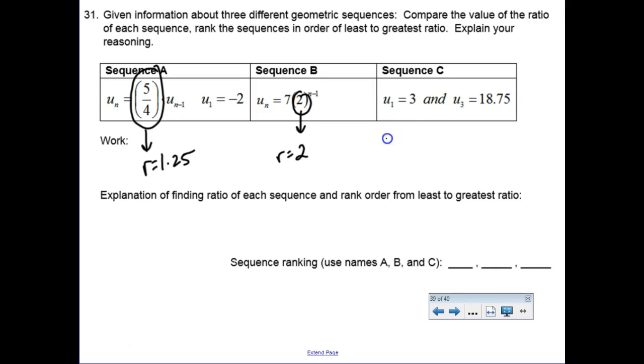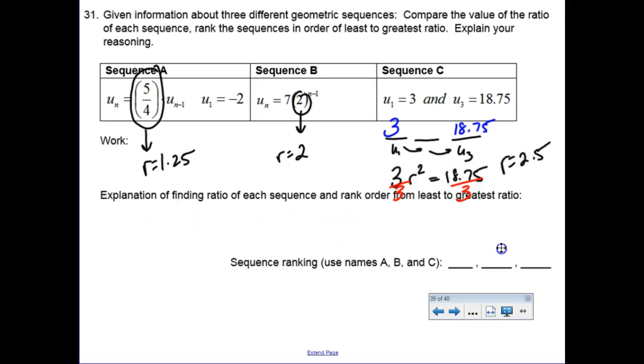This one's a bit of a problem though, because we don't have it. So we have the first term, don't know the second term, but I know the third term. So if this is 3 and this is 18.75, and I want you to find the common ratio, you would have multiplied it 2 times, right? So 3 times the common ratio twice is 18.75. So after you divide by 3, which is some decimal, and then you square root that number, you find out that the common ratio is 2.5.